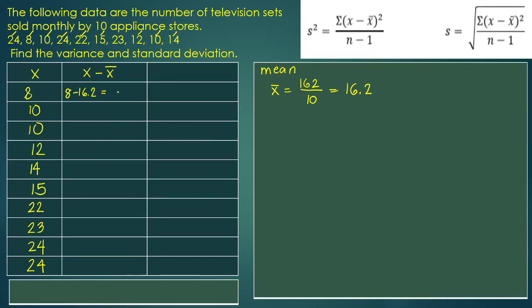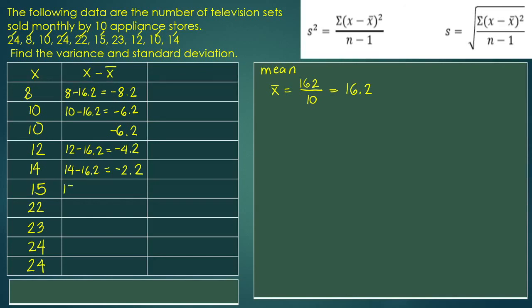This is negative 8.2. What about 10 minus 16.2? Negative 6.2. What about 12 minus 16.2? Negative 4.2. What about 14 minus 16.2? Negative 2.2.